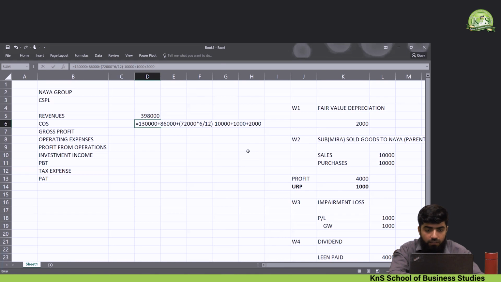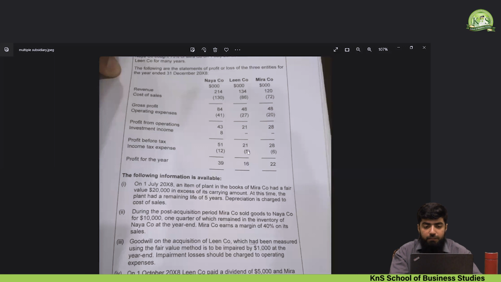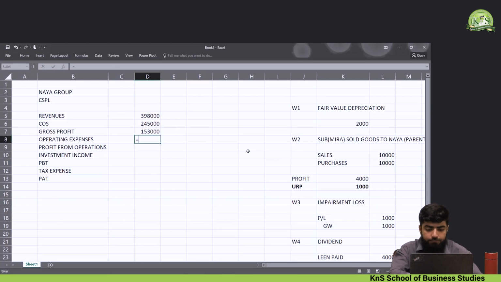Okay, no other adjustment is required. Okay, 2,45,000 is the cost of goods sold. 3,98,000 is the revenue less cost of goods sold. The gross profit is 1,53,000. Now let's work out the operating expenses. Operating expense of a parent company is 41,000.